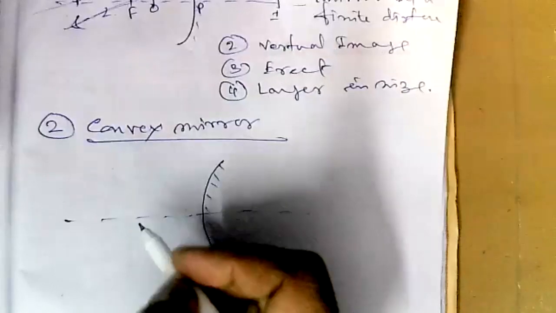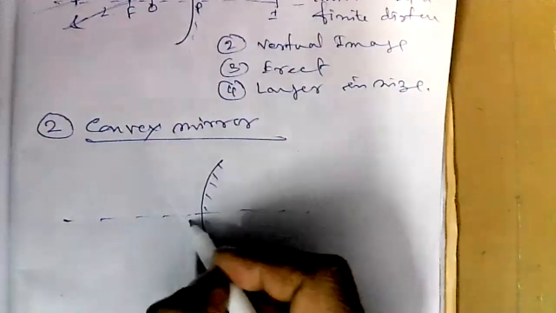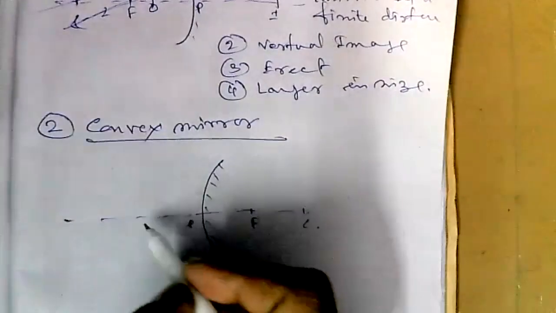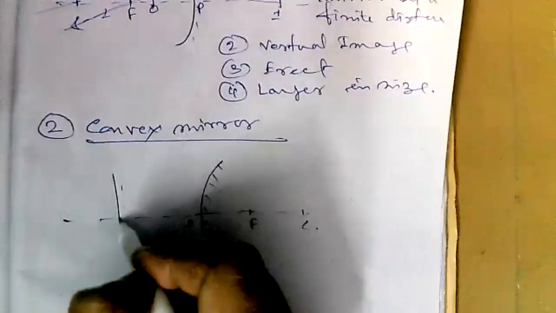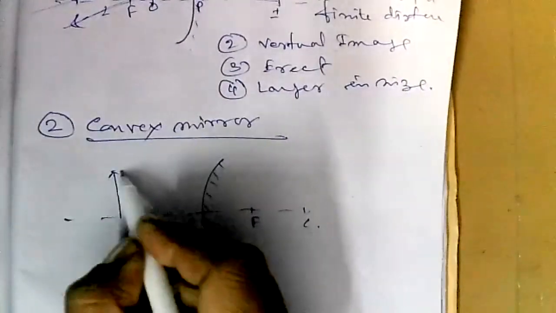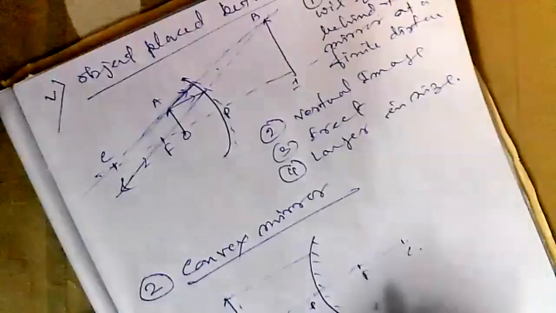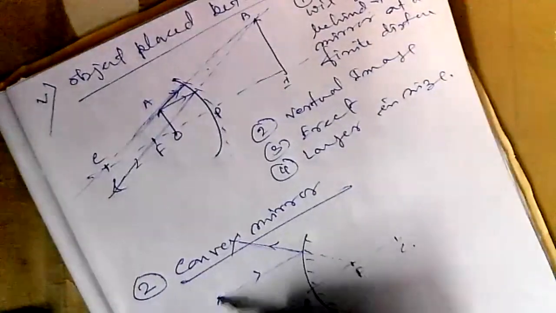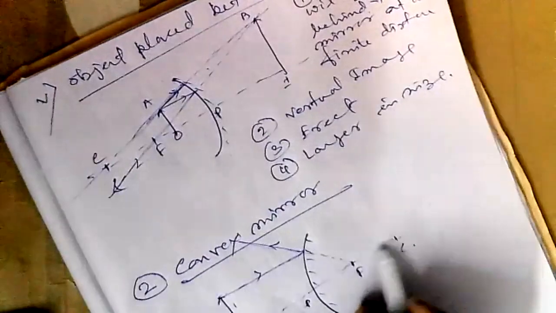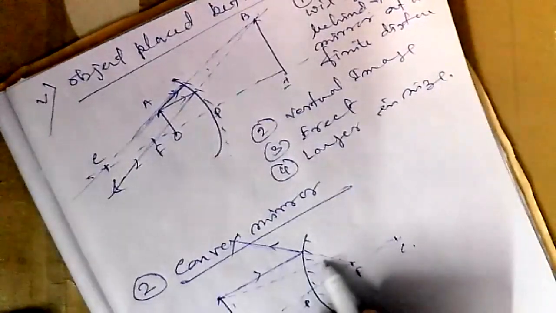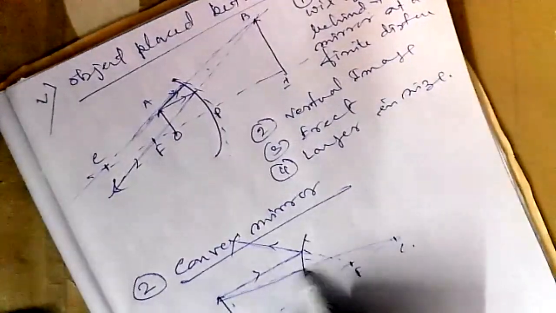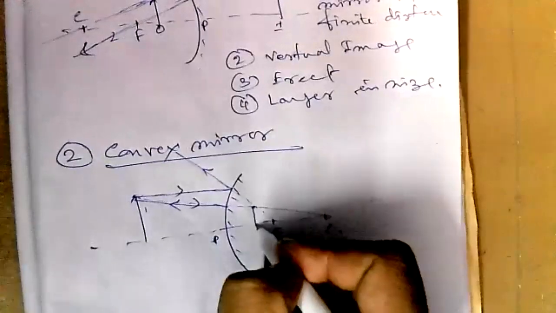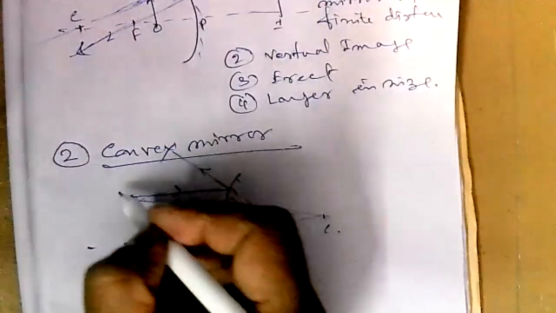Whatever the position of the object in front of the mirror, you will get an image, obviously a virtual image.